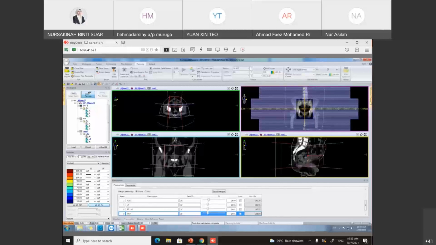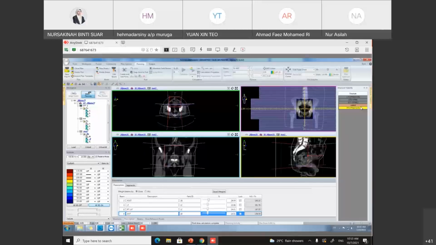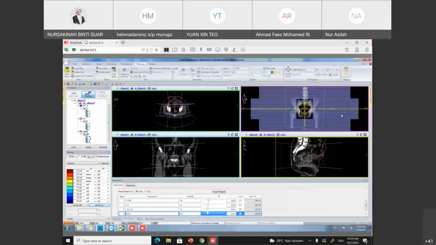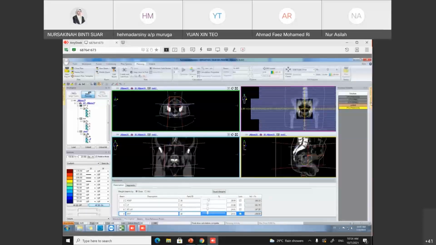For this case, my doctor has already contoured the prostate PTV. So we will need to make sure our treatment field covers wherever the doctor contoured the PTV. But actually this one is a phase 2 boost area.